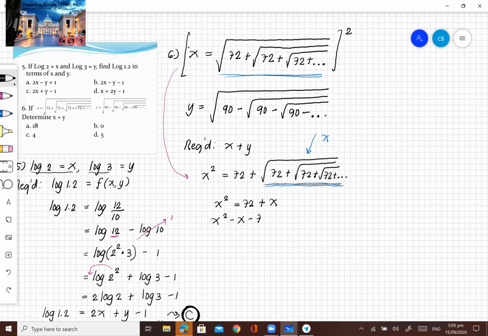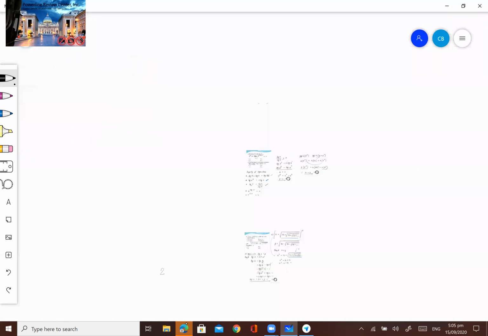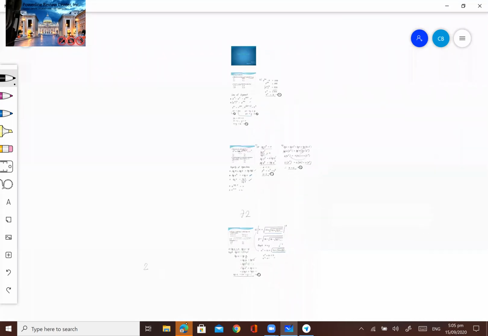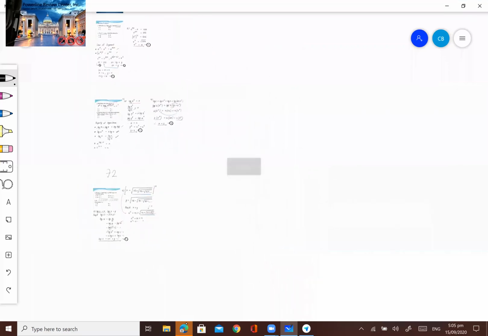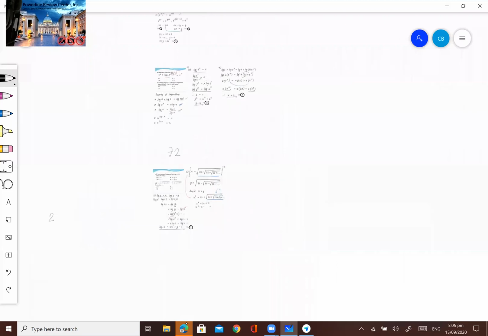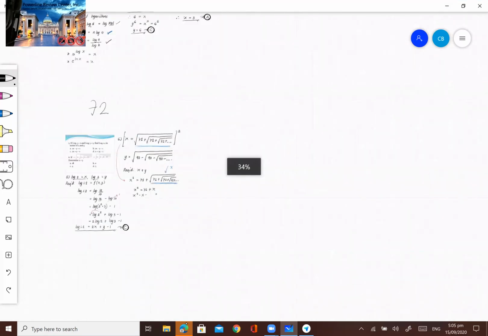minus 72 equal, uy, lumiit lang. Lumiit na naman siya. Na double tap. Pag nado-double tap, lumiliit.